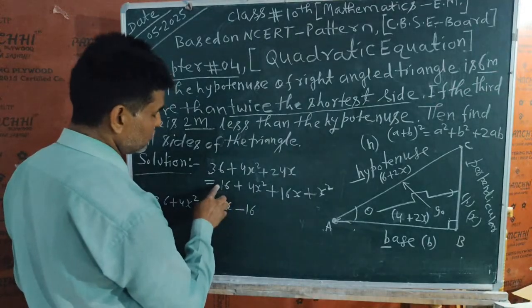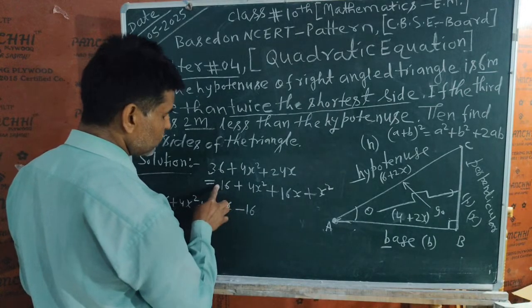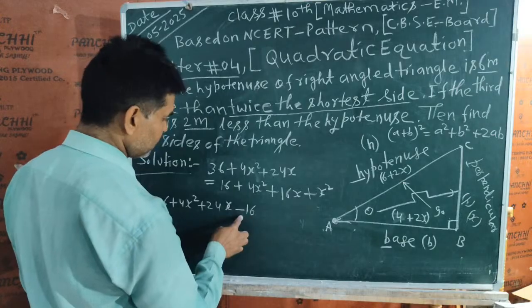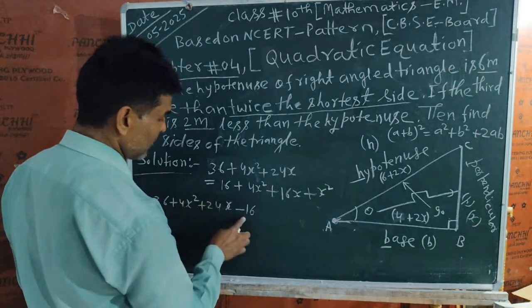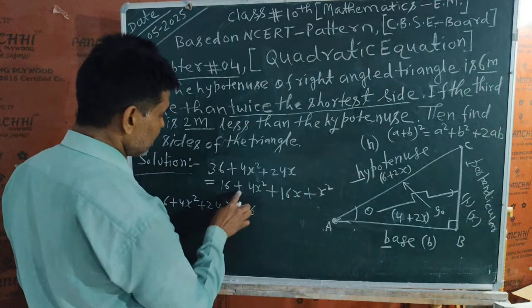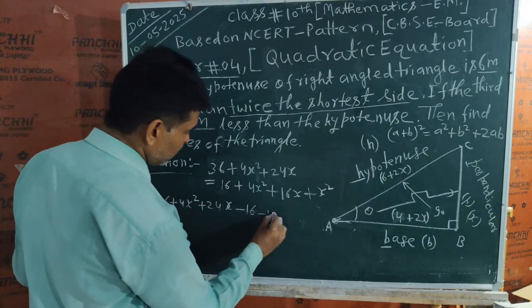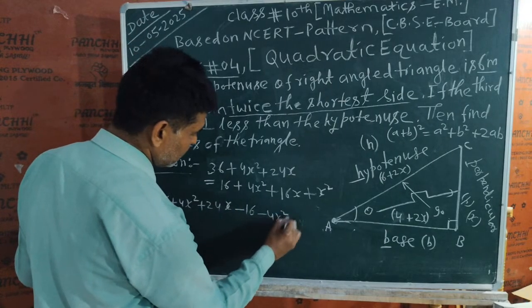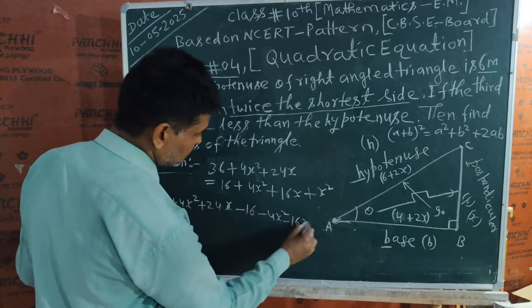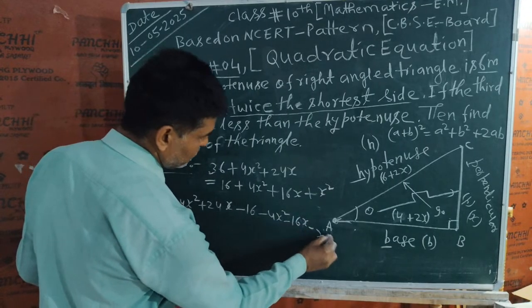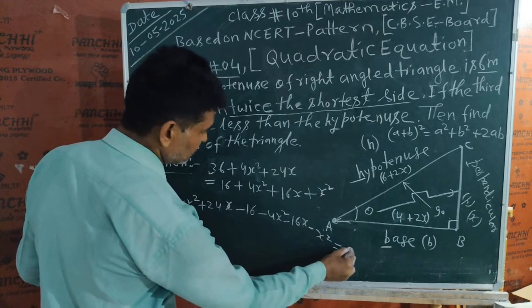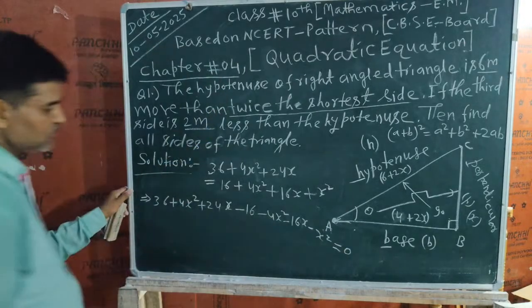If its sign is plus, it becomes minus, and if the sign is minus, I will write plus. So minus 16, minus 4x square, minus 16x, minus x square, and on the right hand side there is no term, so I will put 0.